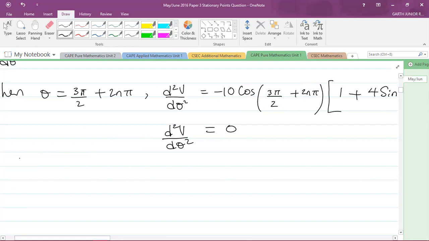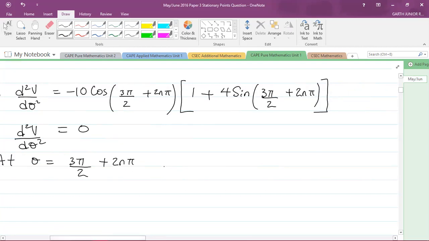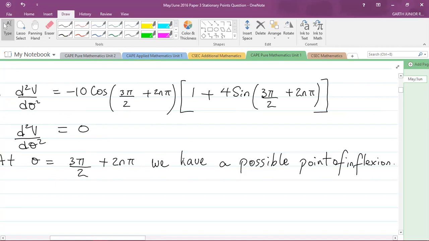I'm going to write a statement here and say, since the second derivative of v with respect to theta is equal to 0, it implies that at theta equals 3 pi over 2 plus 2n pi, we have a possible point of inflection. Okay, that is what it means.